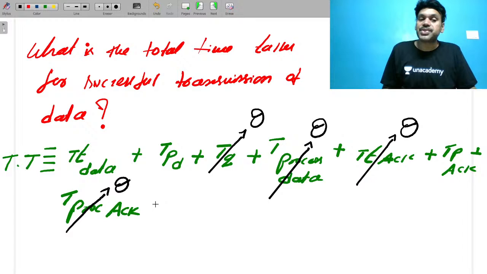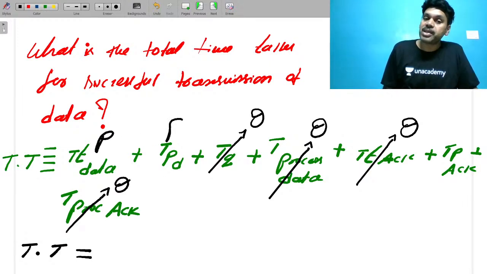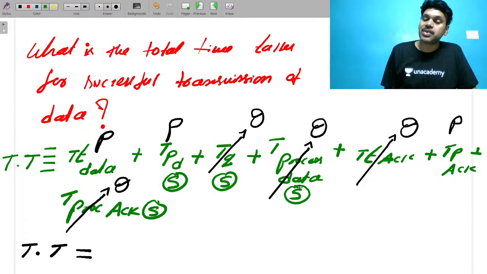Finally, what do we understand? Some of the delays are negligible, which are secondary; these are primary. This is the primary delay, this is the primary delay, this is the primary delay, and the remaining are secondary delays only. Unless the examiner asks, we will not consider them, as they are secondary delays only.